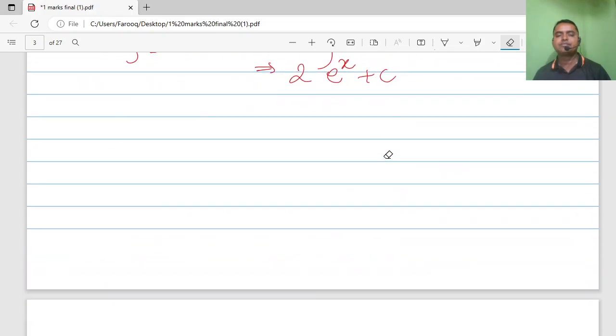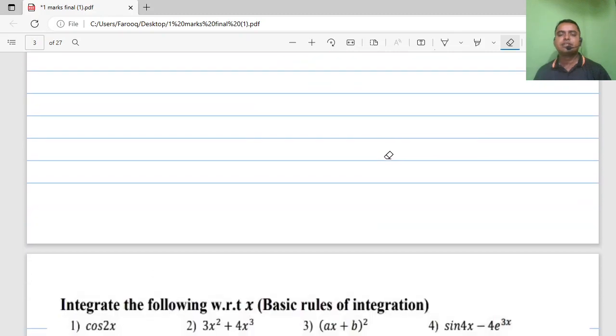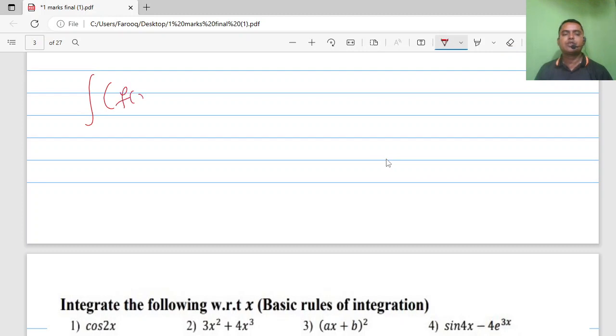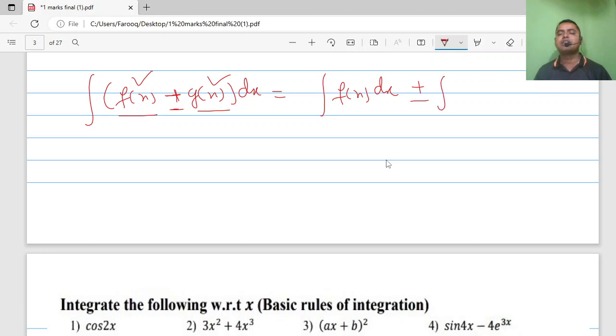Let us take the next rule: integration of f of x plus g of x dx. It may be plus or minus. Here f of x is one function and g of x is another function. In this case, separate the terms and integrate, that is, integrate each function separately with respect to x, and lastly add the constant of integration c.